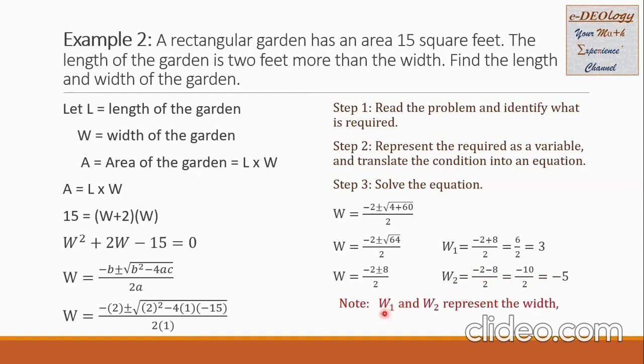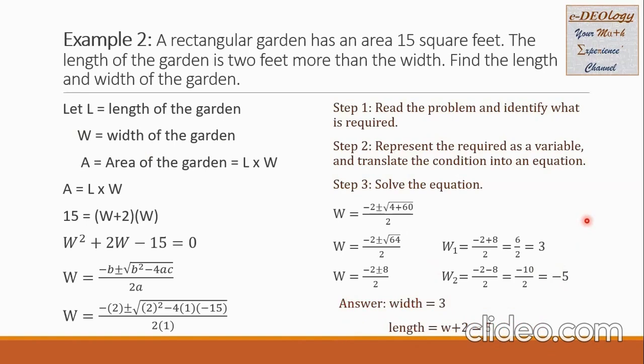Take note that our W sub 1 and W sub 2 represent the width of the garden. However, width cannot be negative. So from here, the value of negative 5 is not acceptable. So we will only consider the value of width as positive 3.